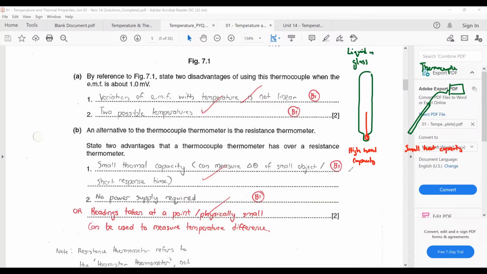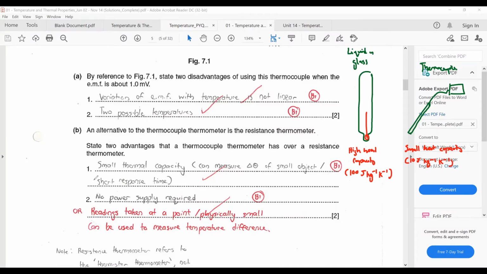High heat capacity could be, to give you some values, maybe this one is 100 joules per kg per Kelvin. This one maybe is 10 joules per kg per Kelvin.